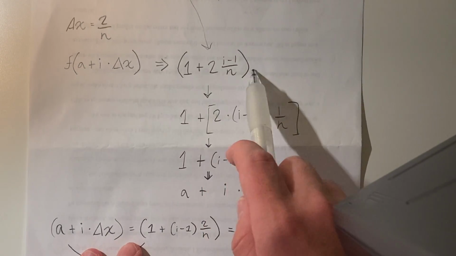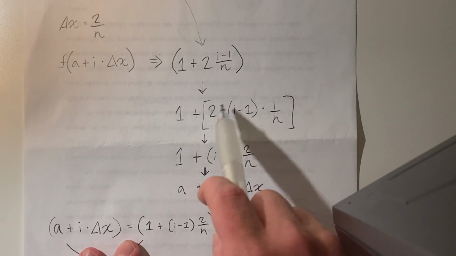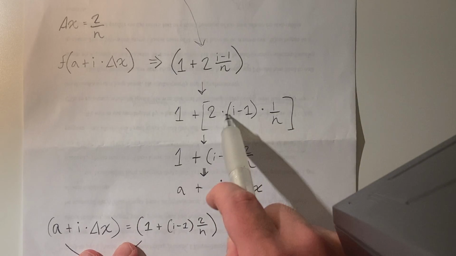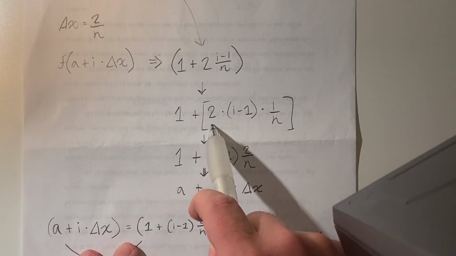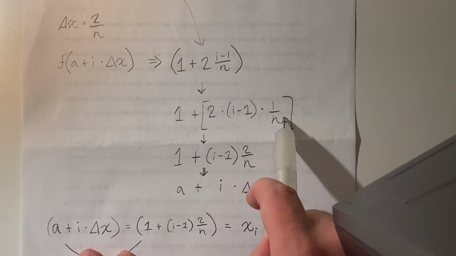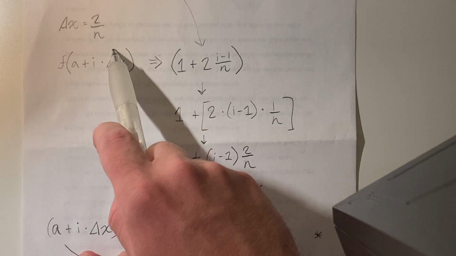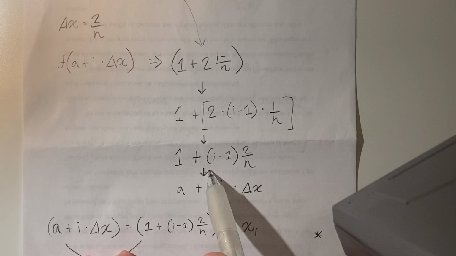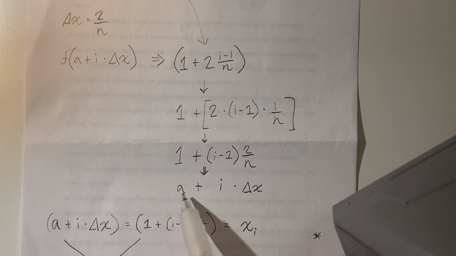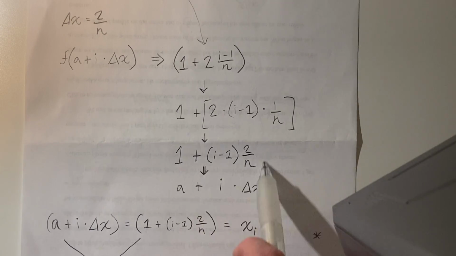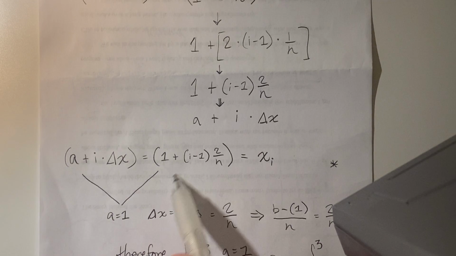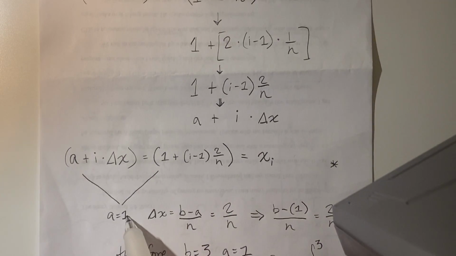I just made them all separate things: 2 times (i minus 1) times 1 over n is the same thing. Then I flipped them around, putting i minus 1 here to match it up with this. 2 times 1 over n is 2 over n, which is our delta x. So you get 1 plus (i minus 1) times 2 over n, which is our a plus i times delta x formula. Because of this, we figured out that a equals 1.